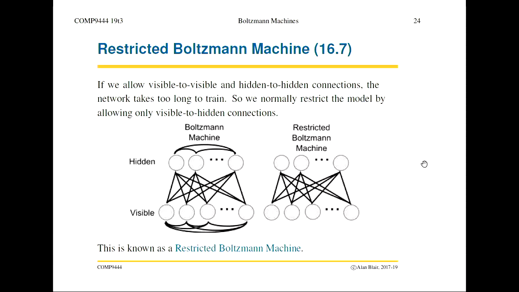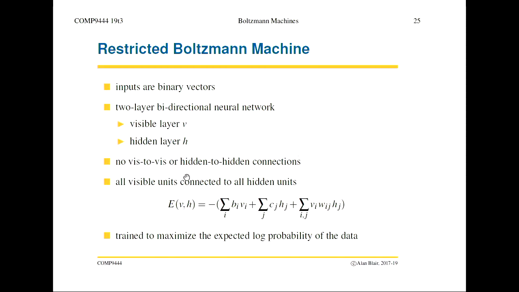This is actually the way a restricted Boltzmann machine is trained, back and forth. You change the input, and then you change the hidden, and then you change the input, and then you change the hidden. Okay, so let's look at how these equations get slightly altered.